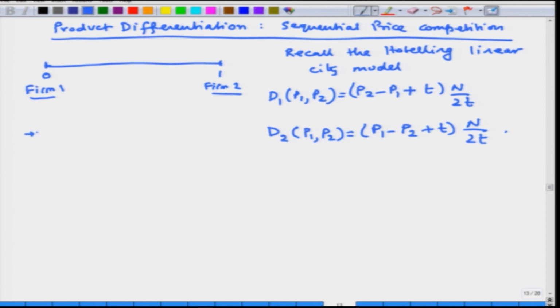Firm 1 sets P1 and then firm 2 sets P2 after observing P1, and the way we would solve it again is by backward induction. We look at what firm 2 is going to do, find out firm 2's best response function, which we already know because we have already solved for it under Hotelling's linear city model.